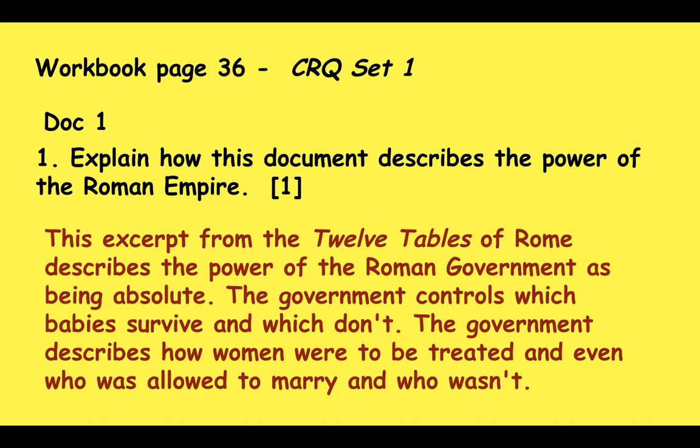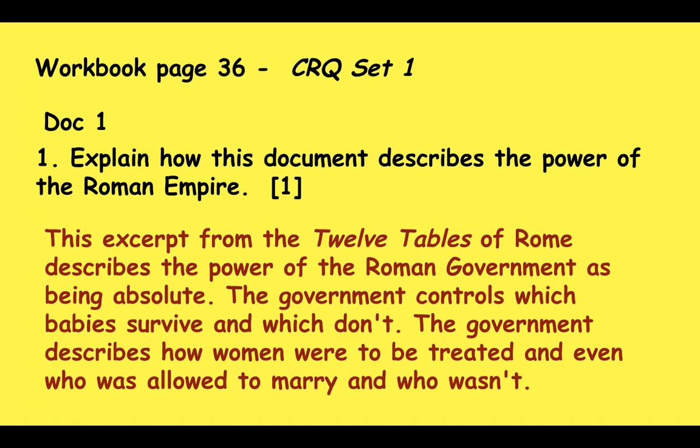The government describes how women were to be treated, and even who was allowed to marry and who was not allowed to marry. You may have said similar things. You may have put it differently. That's fine, as long as you bring up that the 12 Tables gave Rome a lot of power, the government.